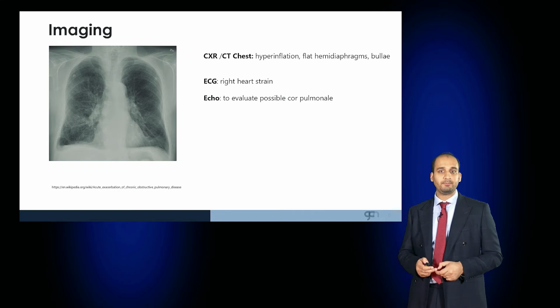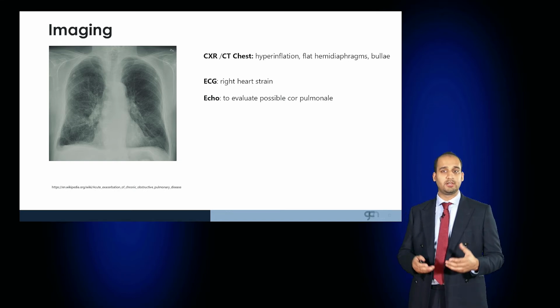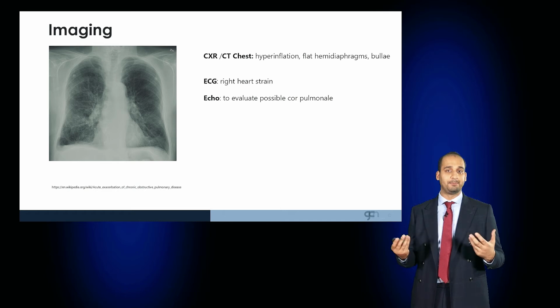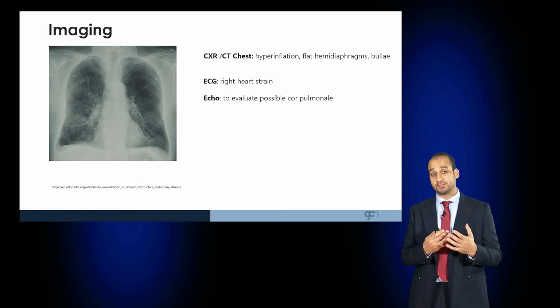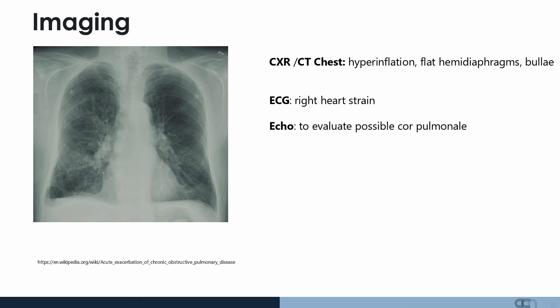Imaging, a plain chest radiograph would demonstrate hyperinflation, flattened hemidiaphragms, and bullae, and may also demonstrate consolidation if the patient has lobar infection. An ECG may demonstrate right heart strain as a result of cor pulmonale, and an echo would be useful to confirm the diagnosis of right heart failure.